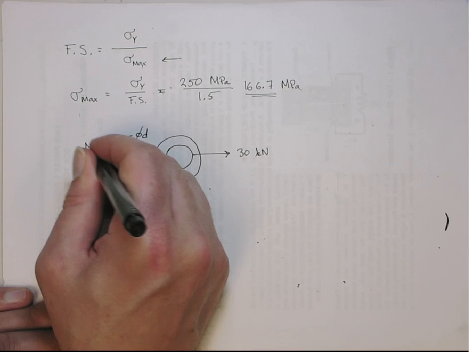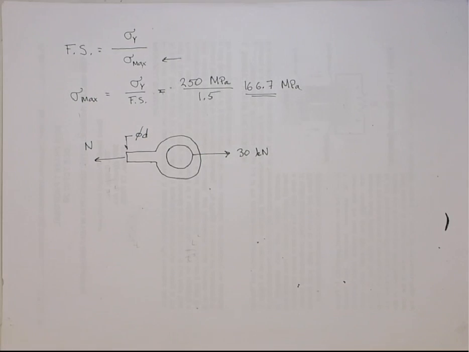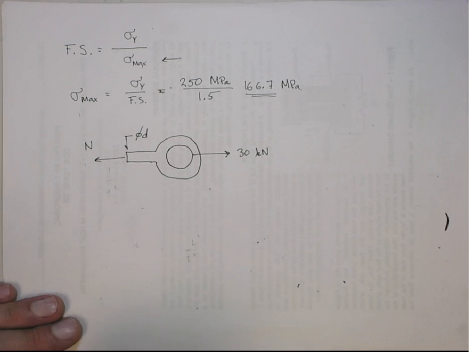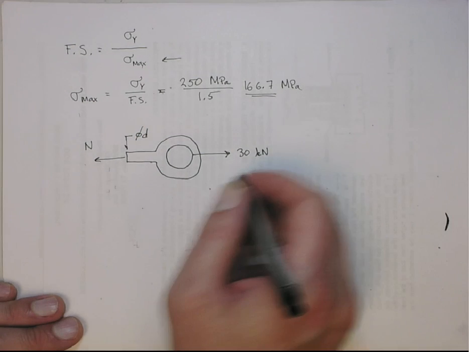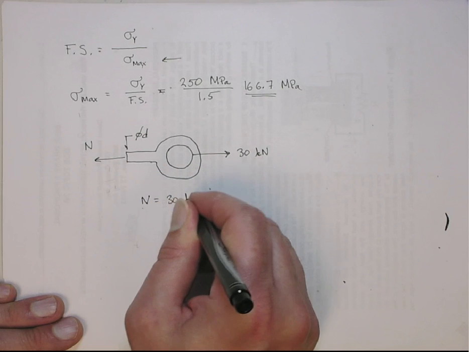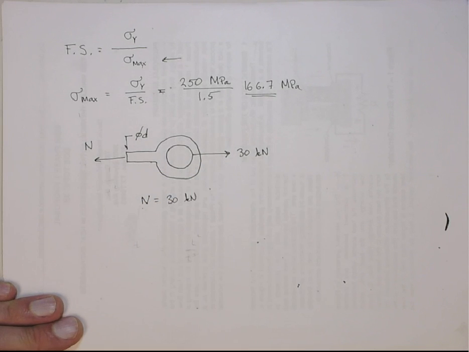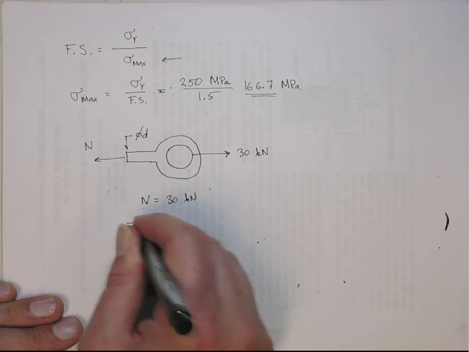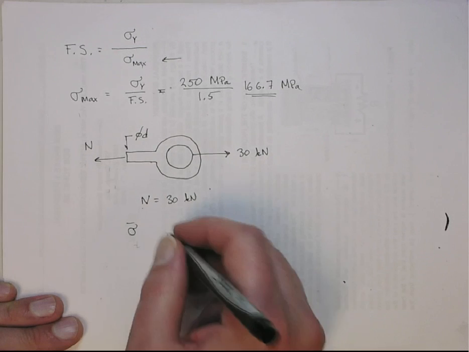We have an equal and opposite normal, internal reaction force. So in this case, you can do sum of forces, and you find out that N has to equal, obviously, 30 kilonewtons.